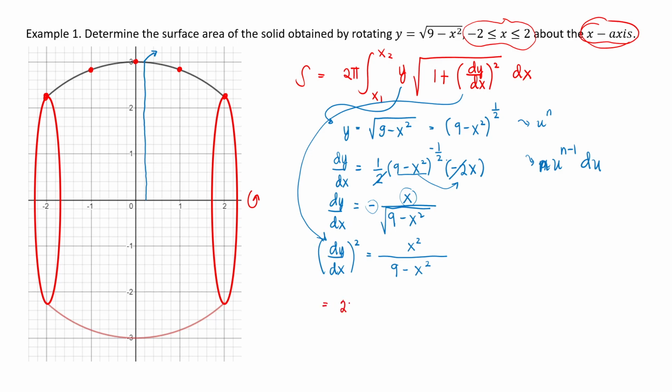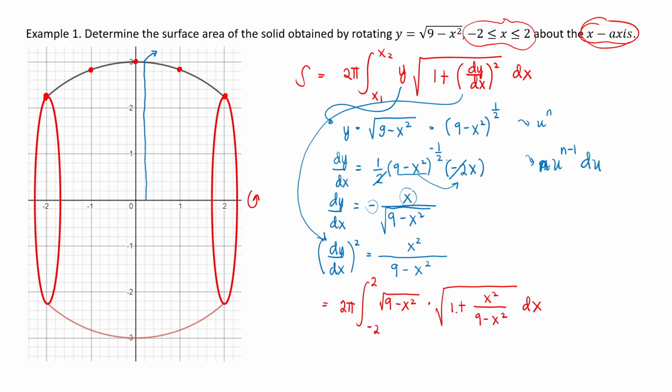So that will be 2 pi from negative 2 to 2. Then your y, again, is the equation because the circumference is obviously the line that you're going to rotate. So 9 minus x squared, then times the square root of 1 plus x squared all over 9 minus x squared dx.